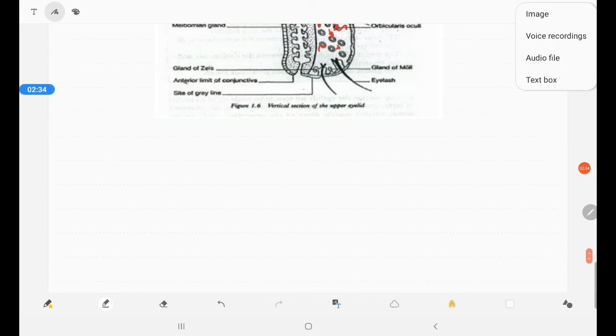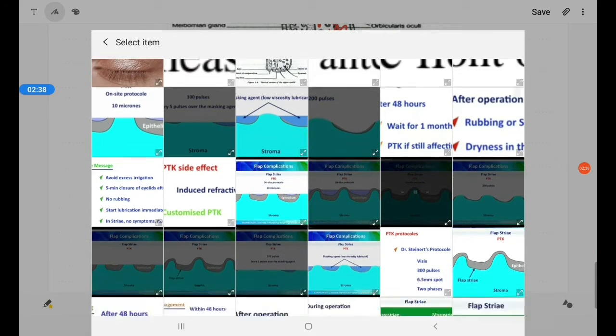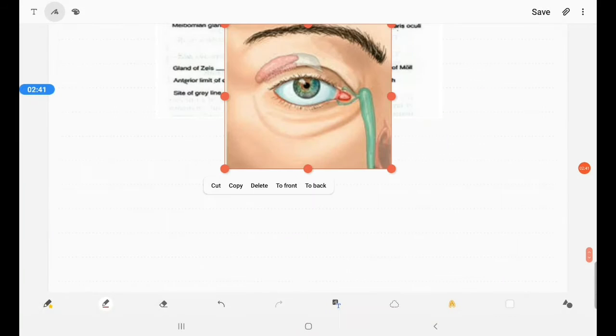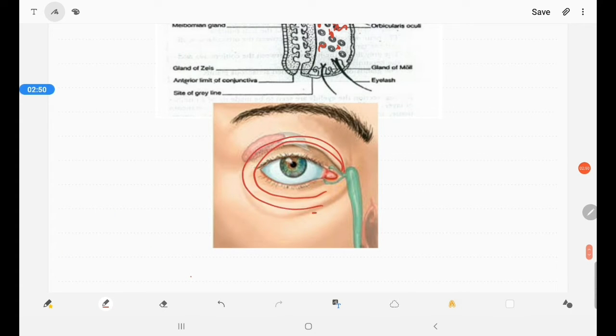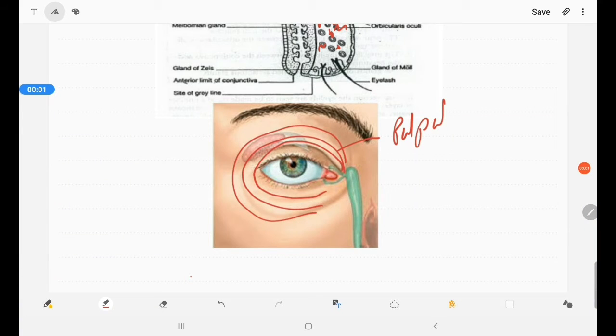With regard to the relationship of the orbicularis oculi and the lacrimal canaliculi, we should know that the orbicularis oculi, its palpebral part, winds around with the lacrimal sac here. It helps in the lacrimal pump.